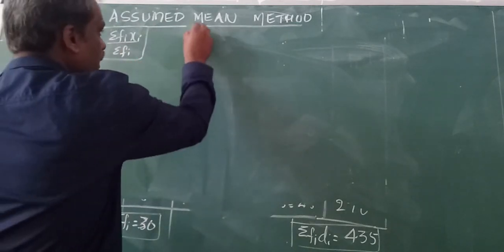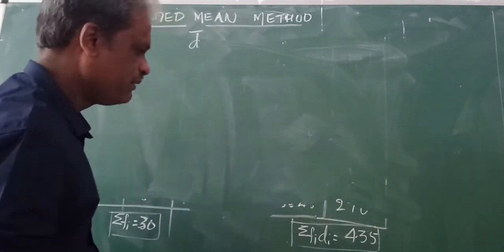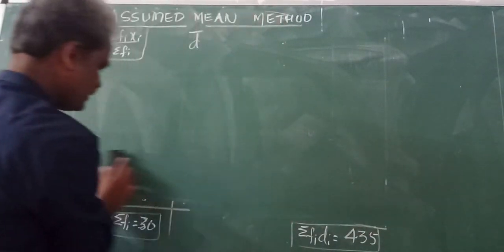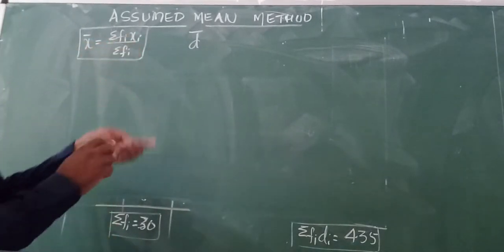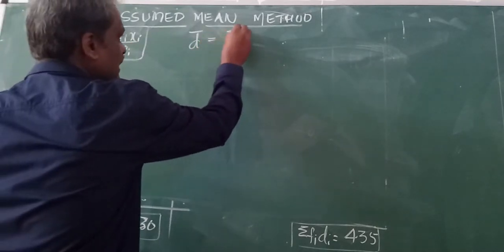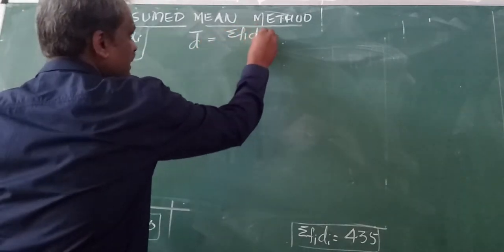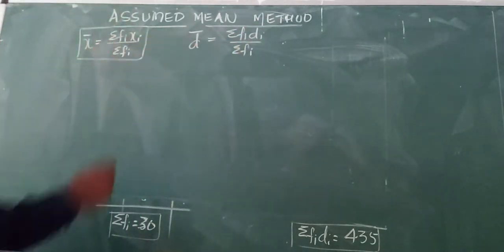I want d bar, which means the average of the deviations. The average of the class marks is sigma fi xi divided by sigma fi. Similarly, instead of x bar we have d bar, and the formula changes like this: sigma fi di divided by sigma fi. There is not much change.